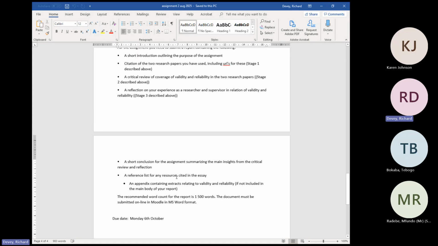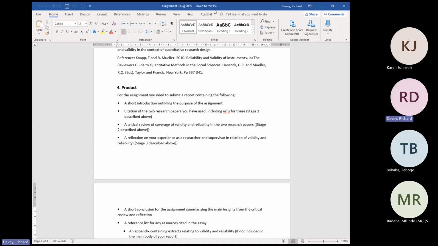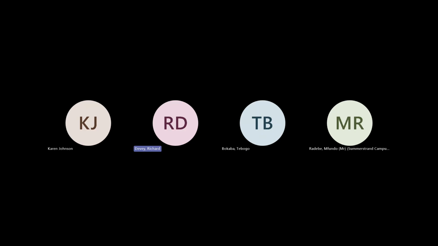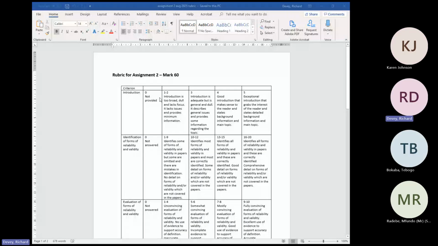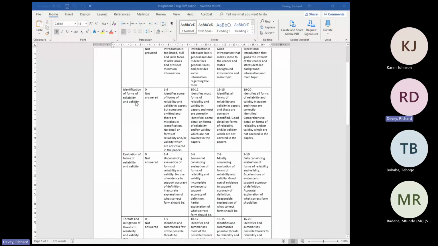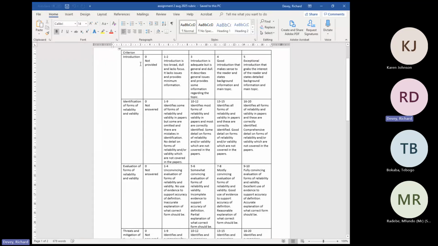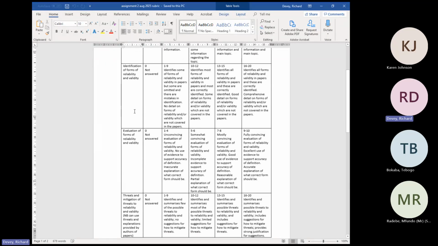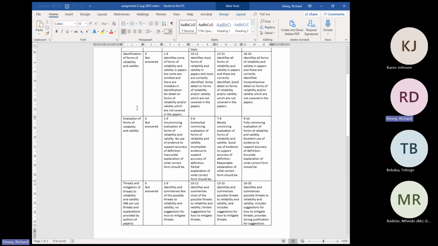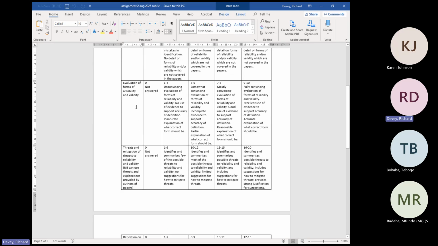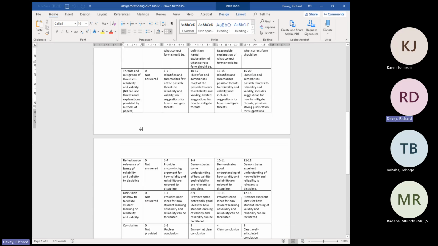So that's assignment 2. There is a rubric for assignment 2. I'm just going to share it quickly. So where's the rubric? Assignment 2 rubric here. This is the rubric that you're going to use when you're doing the work. So there's the introduction, there's identification of forms of reliability and validity from the papers, your evaluation of the forms of reliability and validity that were used, and so on.